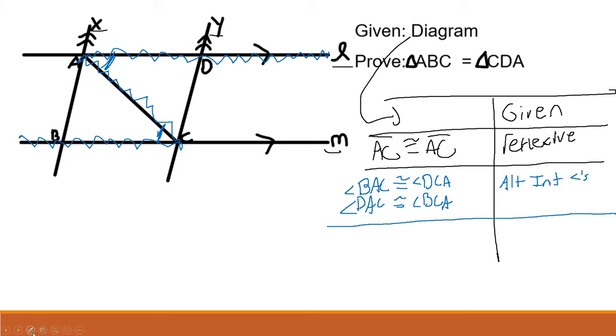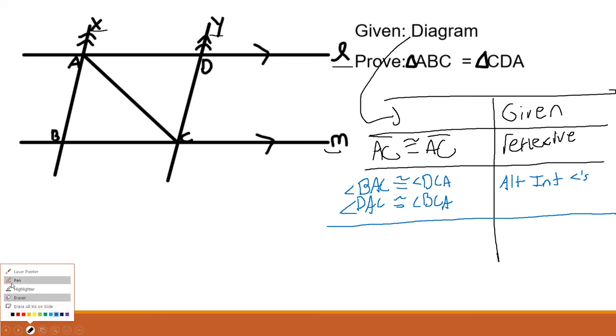So if I take stock of what I have here, if I mark down all the stuff I have congruent so I can start seeing what kind of congruency to use, I have AC congruent to itself. I have this corner angle congruent to this corner angle. And I have that this corner angle is congruent to this corner angle.